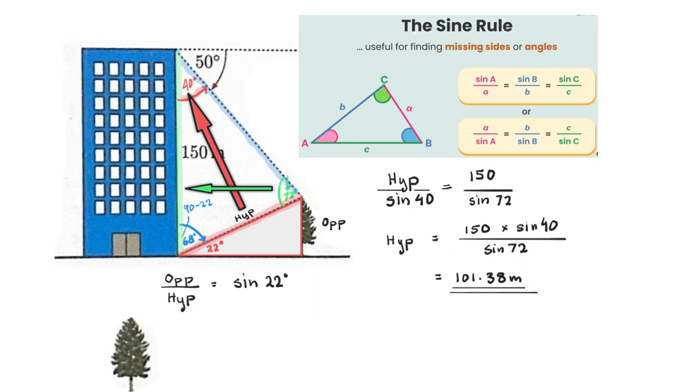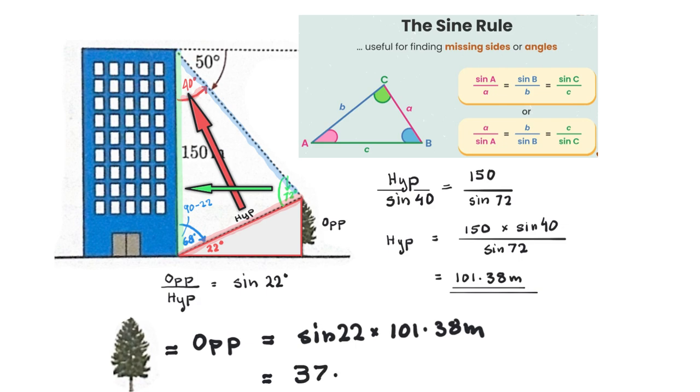So the tree, which is the opposite side, is therefore equal to sine 22 multiplied by 101.38 meters, and that will make it 37.98 meters.